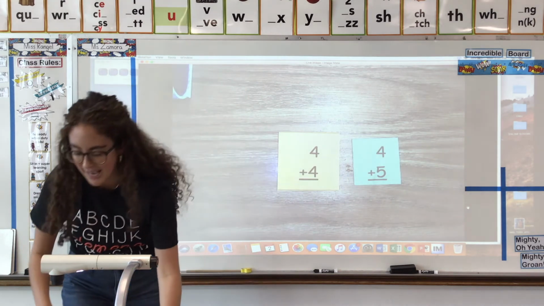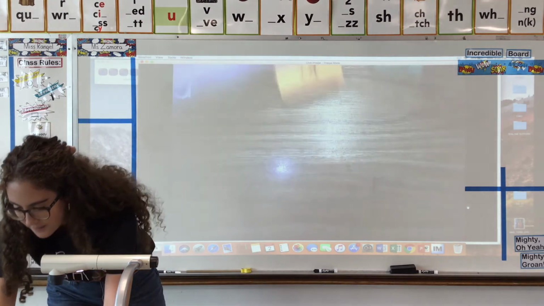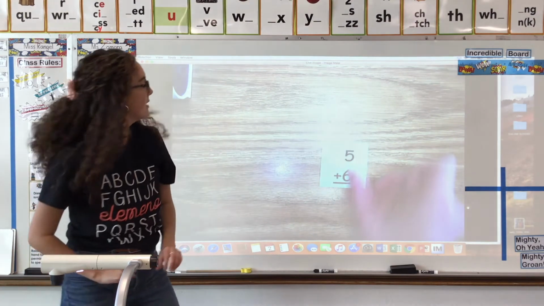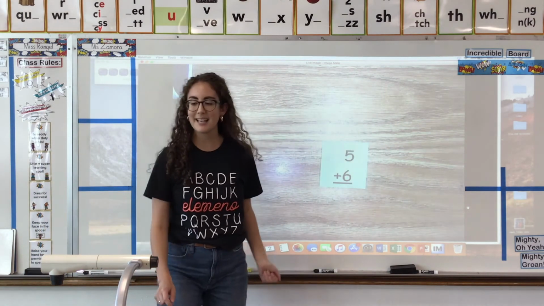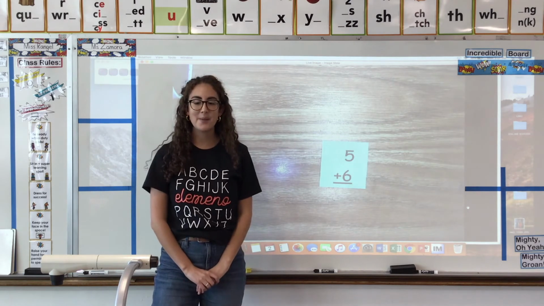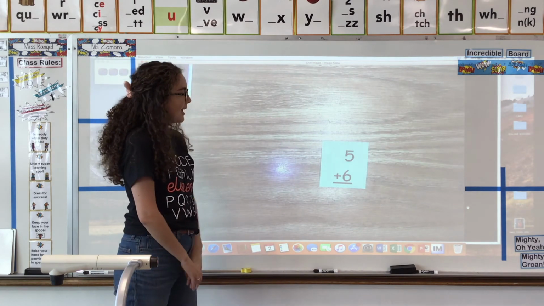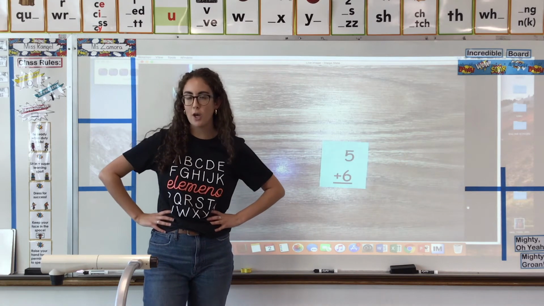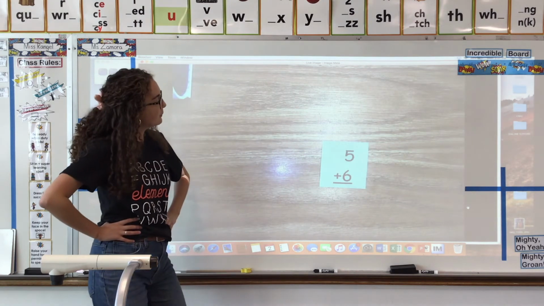Okay, let's put those aside and pull out our next fact. That is 5 plus 6. This is a neighbor fact. So, how can we use our doubles plus 1 knowledge to solve? What number are we going to double?